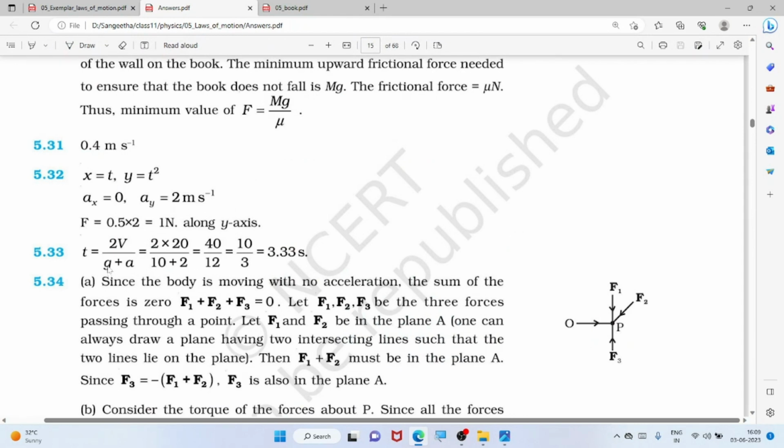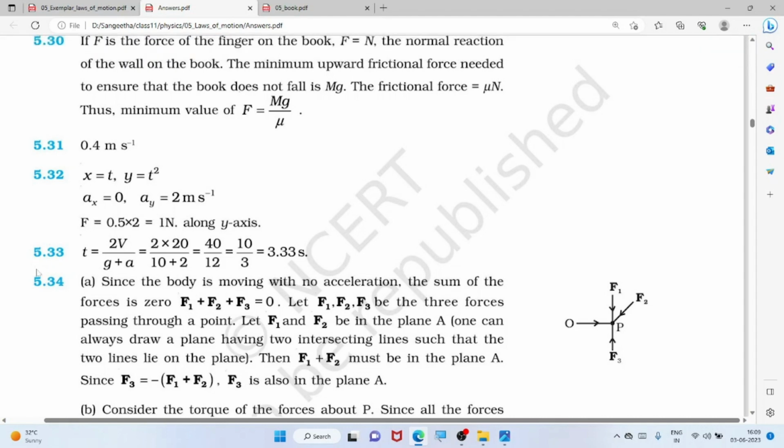So they are using g plus a. This is velocity equal to initial velocity plus acceleration into time. From that equation they are doing it, okay. But instead of gravity they are adding the acceleration of the lift or the elevator also.